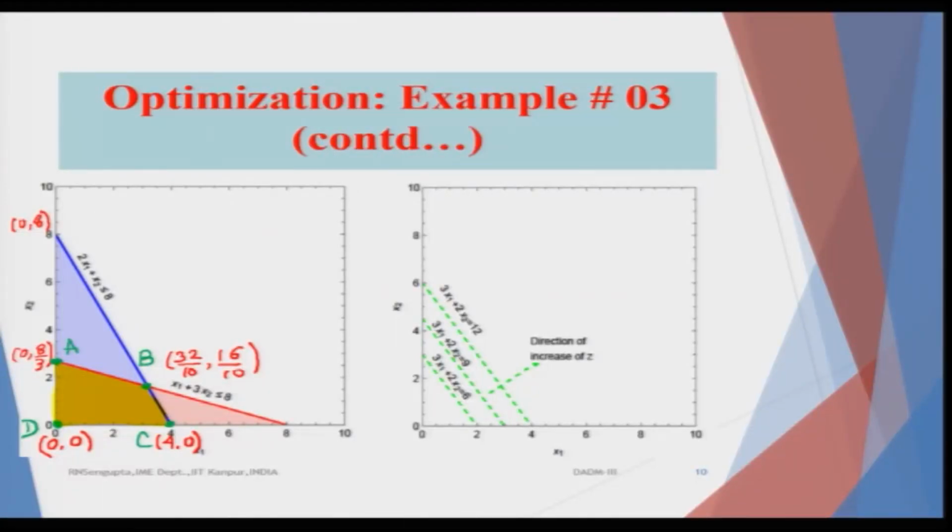Why do I place the green line in this way? It is very simple. Find out the dy/dx of this line depending on the values which you have. The equation is 3x1 plus 2x2, and that is per unit, because if you remember, 3 units come from product 1 and 2 units come from product 2.